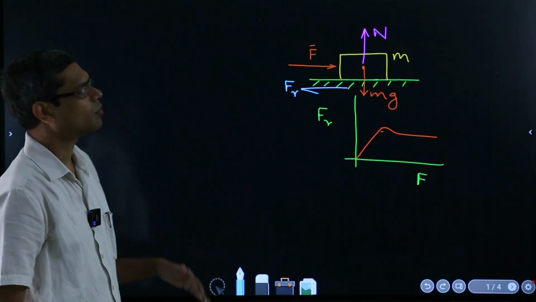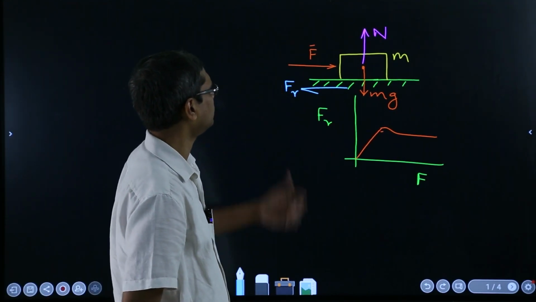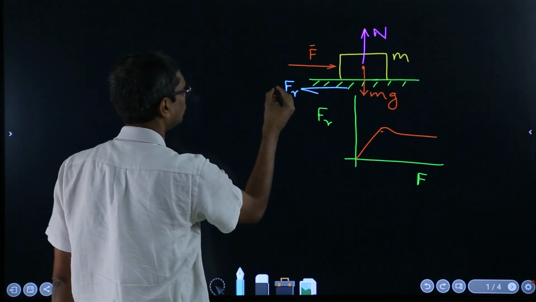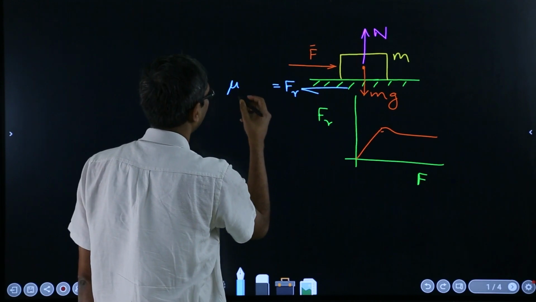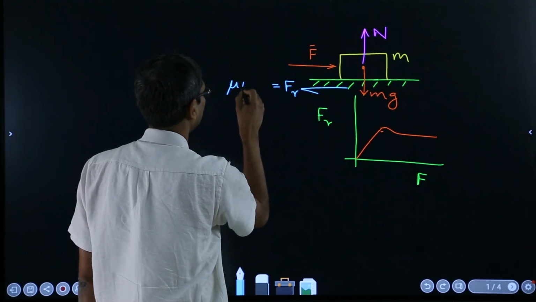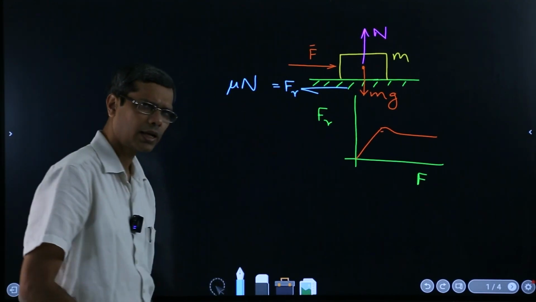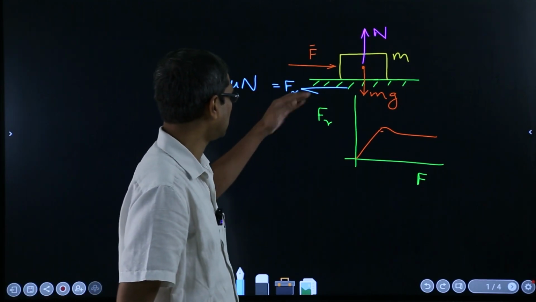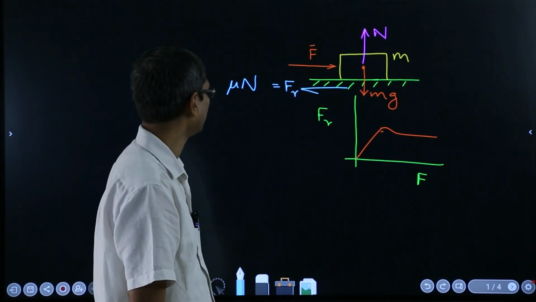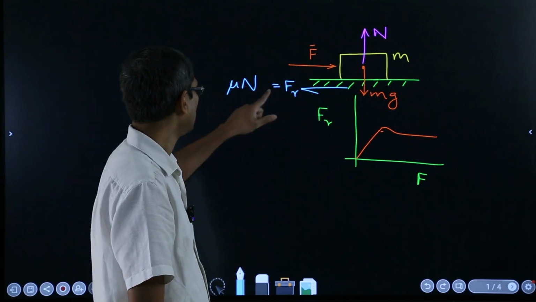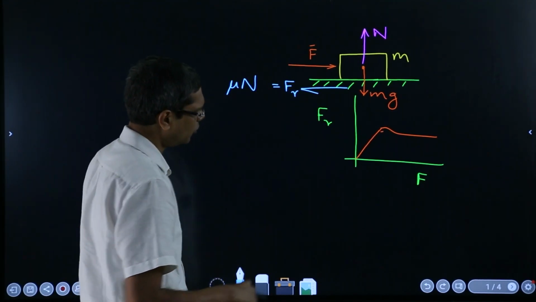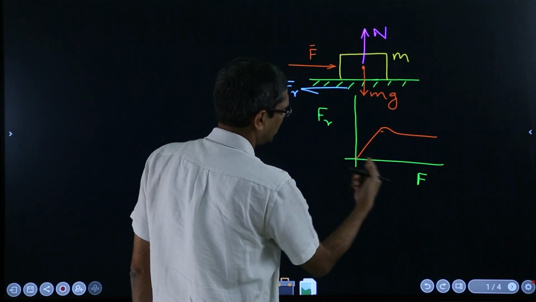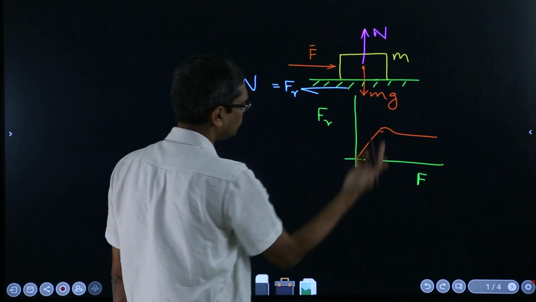So that's the normal way. This frictional force will be equal to mu times N when it is just about to slip, on the verge of slipping. You equate this with that, and before that point is reached, you have F equal to Fr.